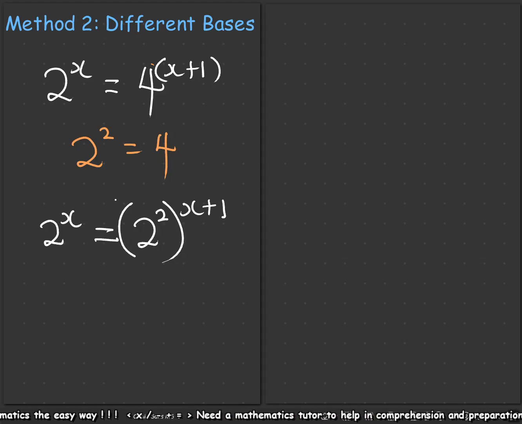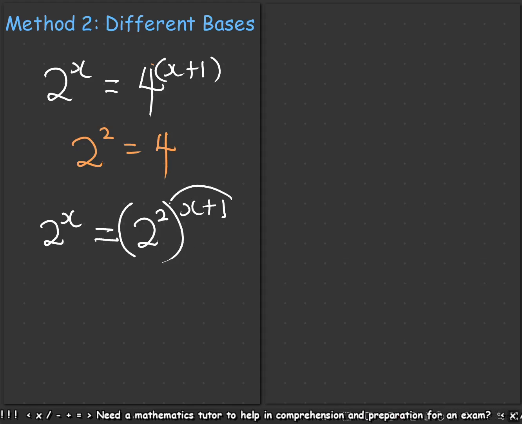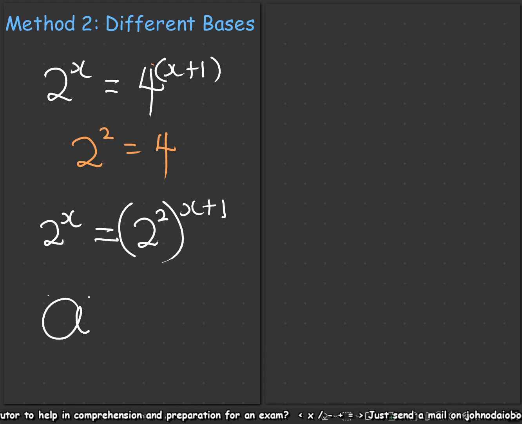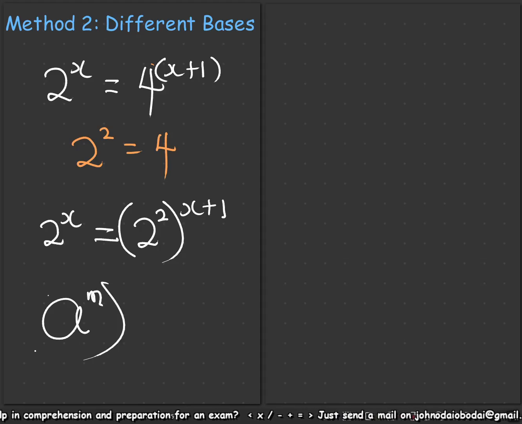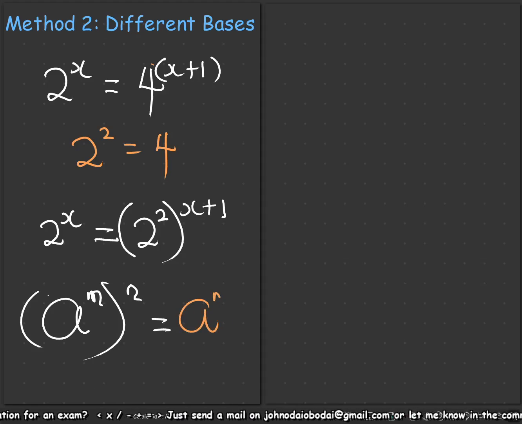The x plus 1 is still maintained as it is. Now we looked at a rule which says if you have a to the power m, and all this also has a power, we multiply the exponents. That is the same thing we want to apply over here.